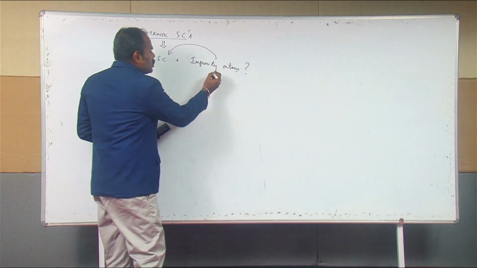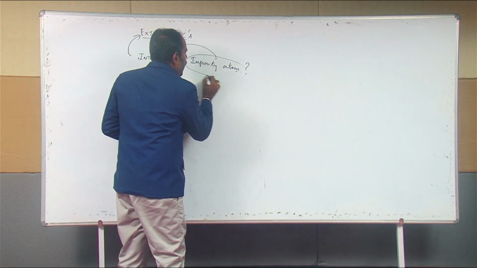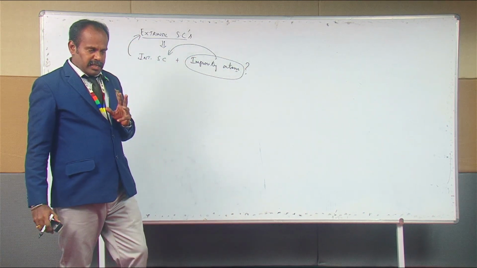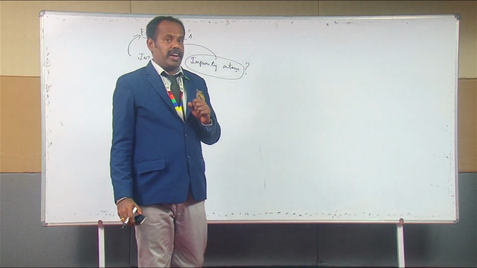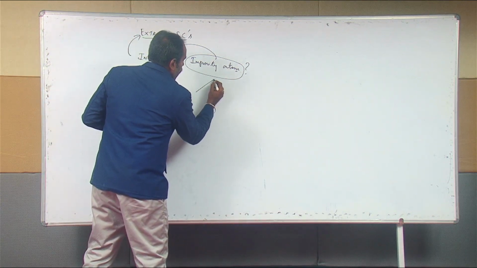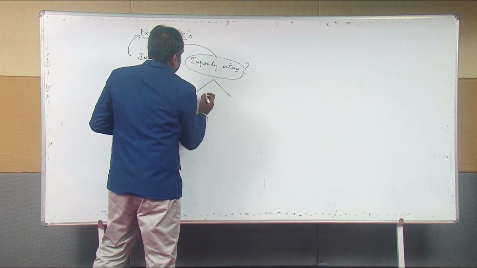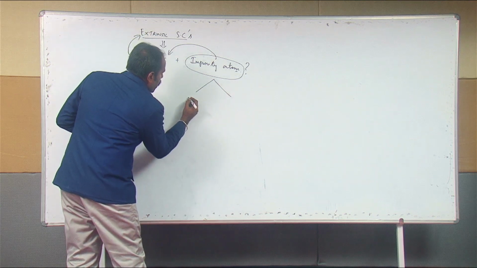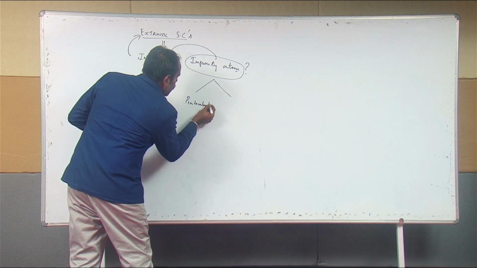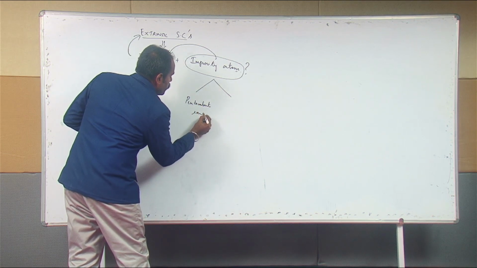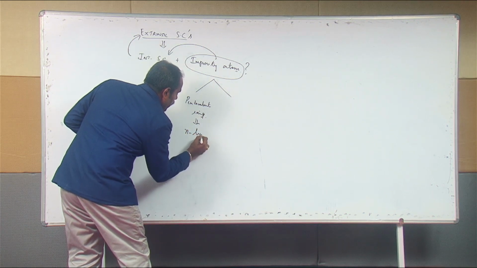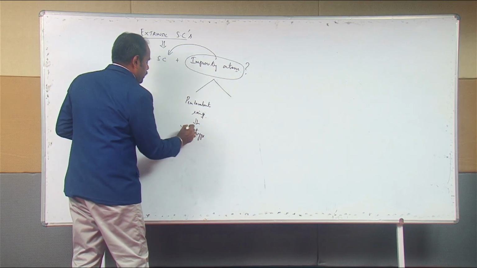Now, based on what type of impurity atom we introduce into the intrinsic semiconductor, extrinsic semiconductors are classified into two types, N-type and P-type. If I add a pentavalent impurity atom, then the semiconductor is referred to as an N-type semiconductor.